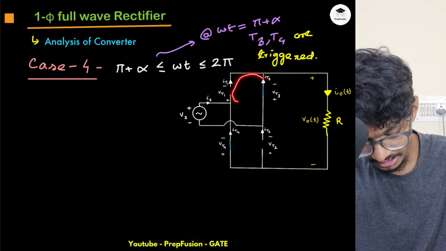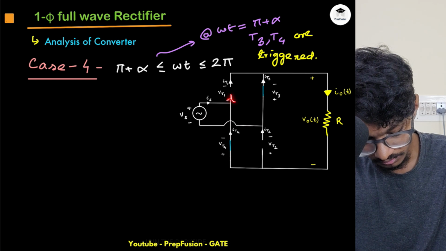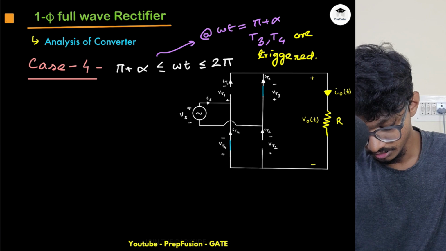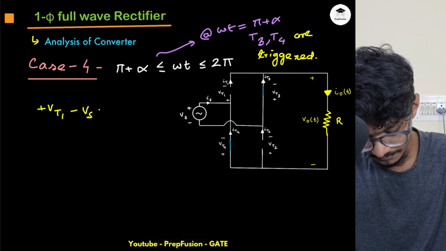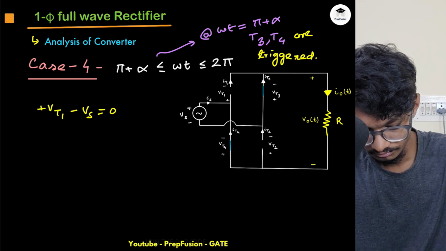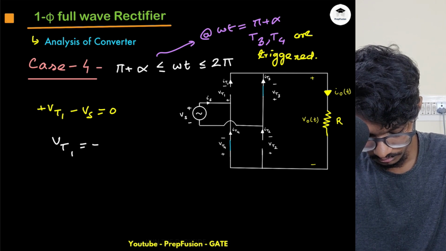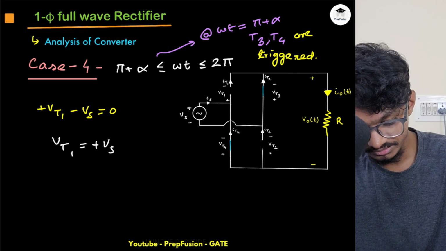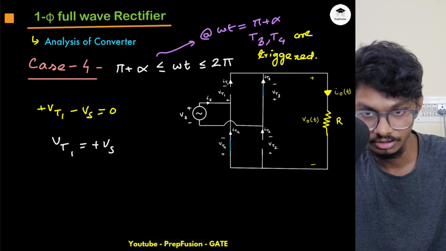So I can directly write a KVL now for this SCR T1. VT1 minus Vs equals 0, so VT1 equals plus Vs. And what is my Vs in this particular duration?